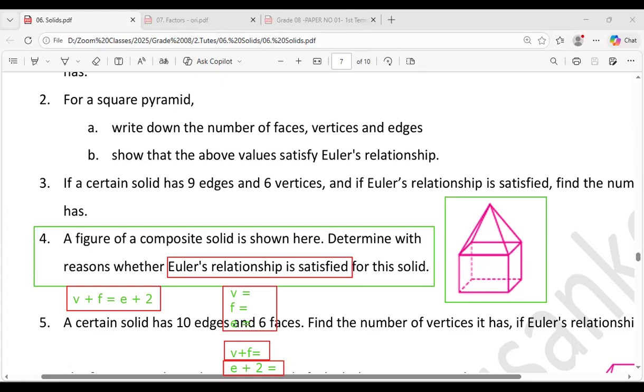Put the answers for those two in the chat, using a single message you can type. For V plus F you will get, for example, 5,000, comma, E plus 2 you will get 6,000. Like this. This is just for an example.